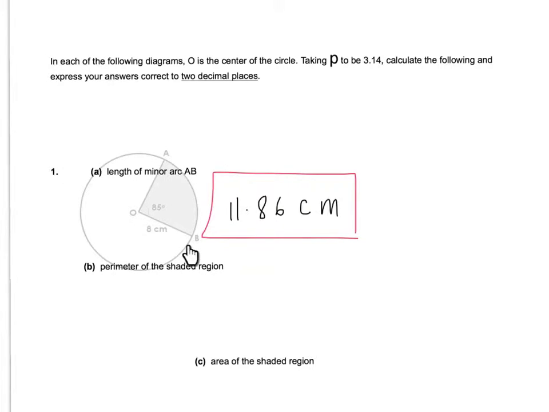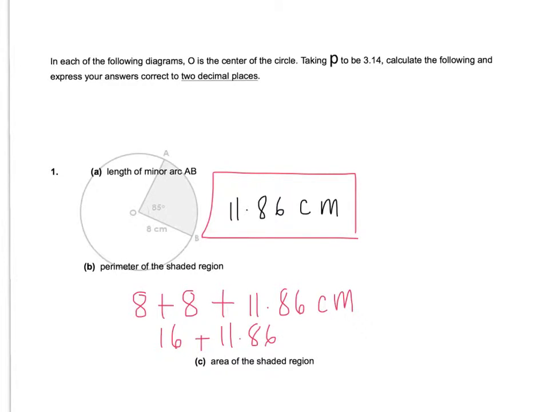So that is simply 8 plus 8. So we have OB plus OA plus the arc AB, which is 11.86 centimeters. Okay? So this is 16 plus 11.86. This will give us 27.86 cm.